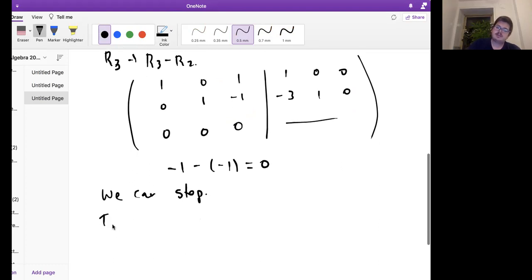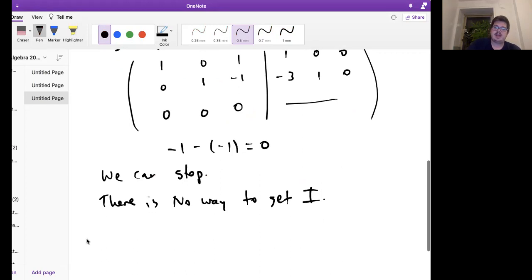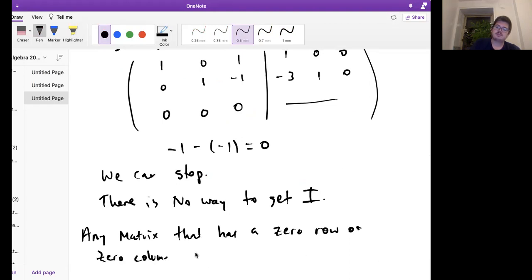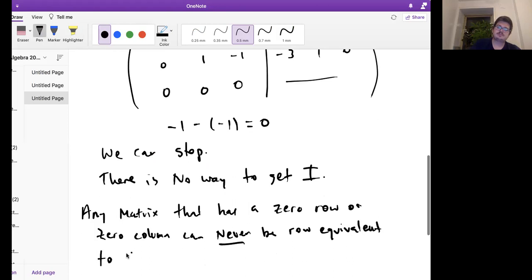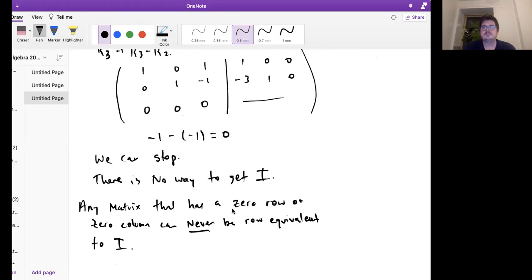There is no way to get identity, right? Any matrix that has a 0 row or 0 column can never be row equivalent to I. That makes sense.